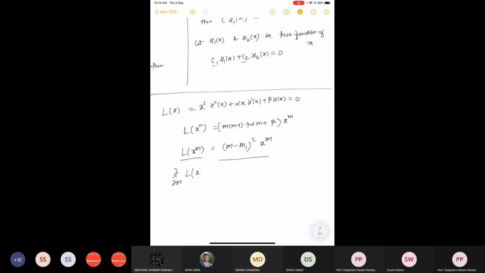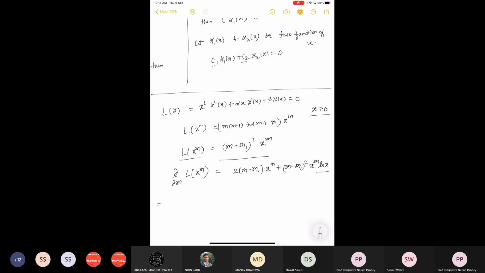So when we differentiate L of x to the power m with respect to m, you will get 2m minus m1 x to the power m plus m minus m1 whole square x to the power m ln x. Now, I have already assumed that x is greater than 0, so ln x is properly defined here.